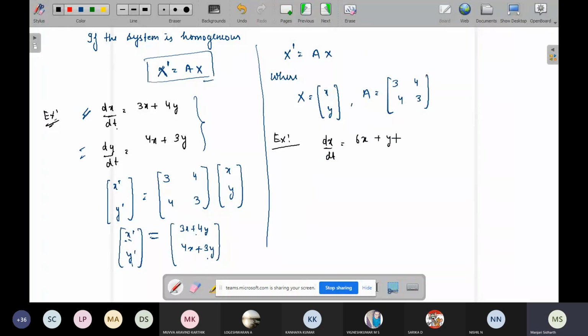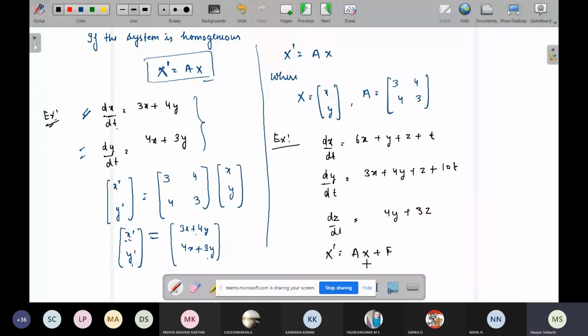Six x plus y plus z plus now t. 3x plus 4y plus z, let us take 10t. dz over dt is equal to 4y plus 3z, like that. Okay, so the corresponding matrix form will be x dash is equal to ax plus f.